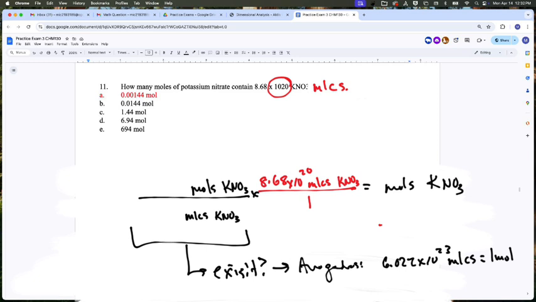What can I now go through and do? I can drop the 1 there, 6.022 times 10 to the 23rd. Did I say negative? No, good. What happens? Molecules cancel and I get moles.